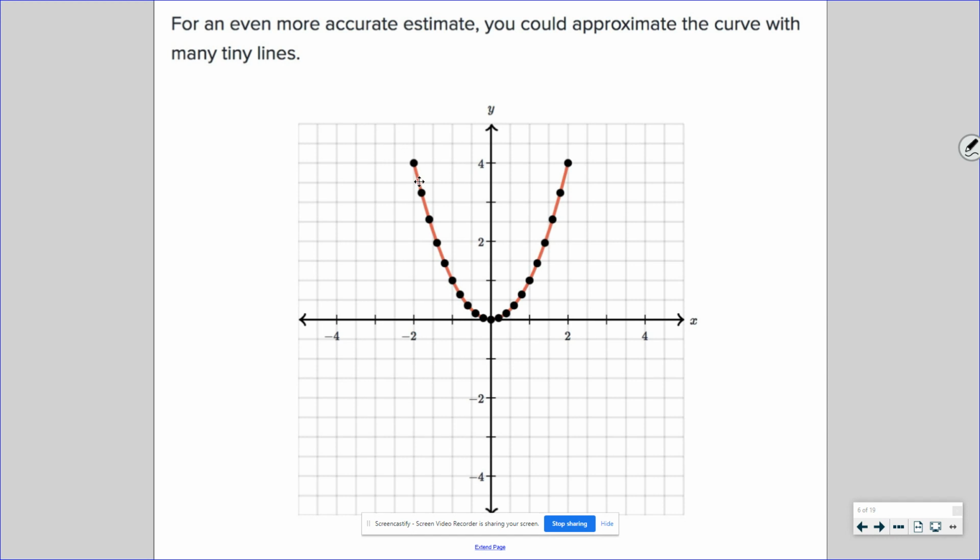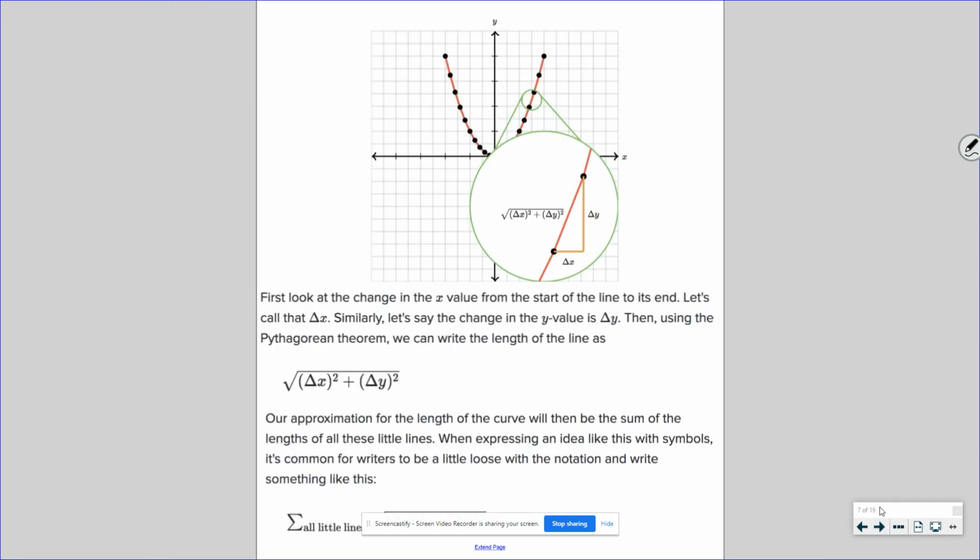So the distance of this little line, and then that one, and then that one, because the smaller the line, the more accurate your solution would be, right? But honestly, I'd rather not do that because adding up and doing the distance formula that many times is going to get extremely tedious. Luckily, there is a way to avoid doing all that extra work.